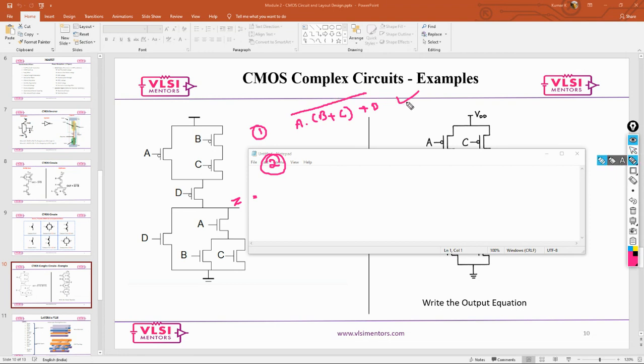So this is the correct answer, because if you look at it this way: the first element is basically A. Now this is in series, so that's basically a dot. Now these two are in parallel, so it's basically B plus C. Now you are done with your first portion here. Now there is another parallel branch, which is basically D, the whole thing.